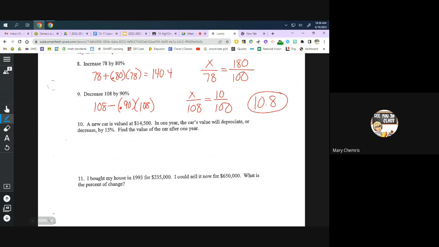Okay. Number 10 says your new car is $14,500. The car's value will depreciate by 15%. Find the value of the car after 1 year. So that means I find 15% of 14,500 and subtract it.